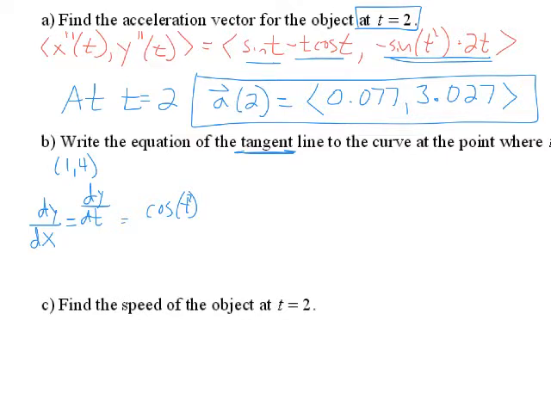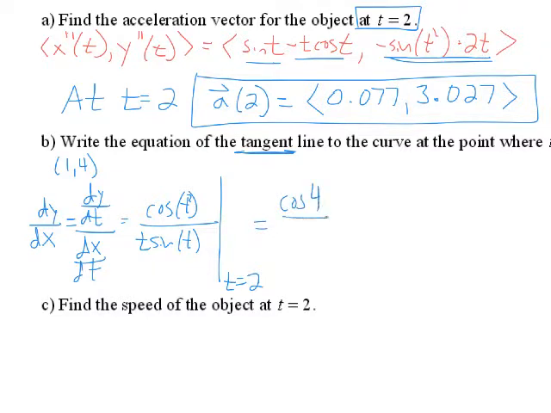And we do have dx/dt, because that's given to us as well, and that's t sine of t. And since we're taking an equation for the tangent line at time equals 2, we're going to evaluate dy/dx at time equals 2. And we get cosine 4 over 2 sine 2.